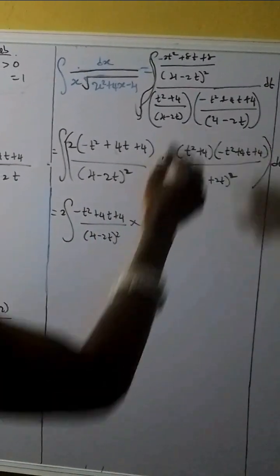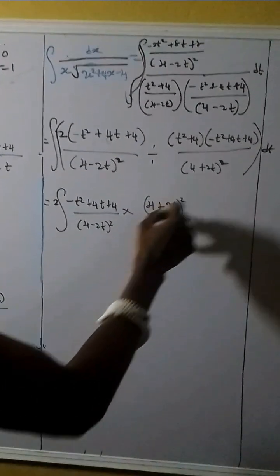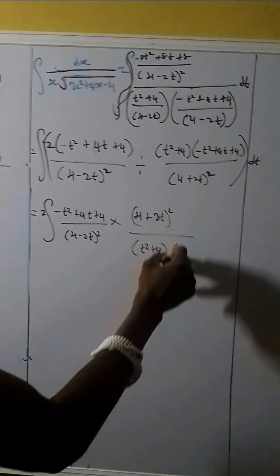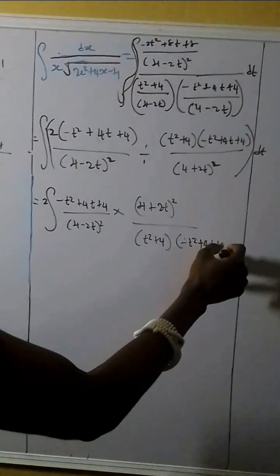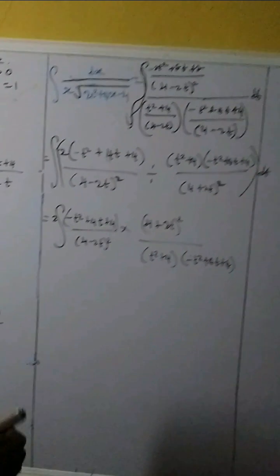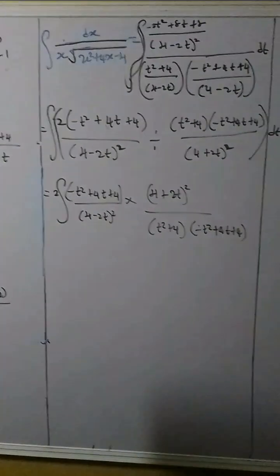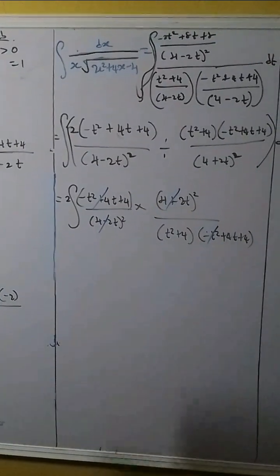Then times this will move up now, as we know, our normal fraction division law, over your t squared plus 4, then minus t squared plus 4t plus 4. Now, like I said, this is making much more sense. All right, guys, this will cancel out this, and this will also cancel out this.